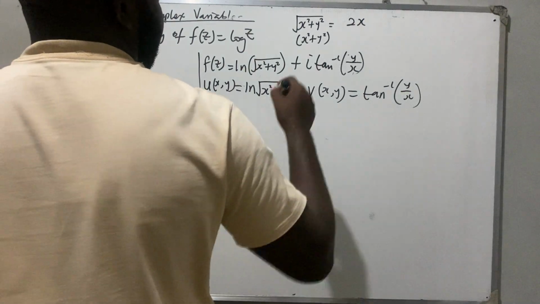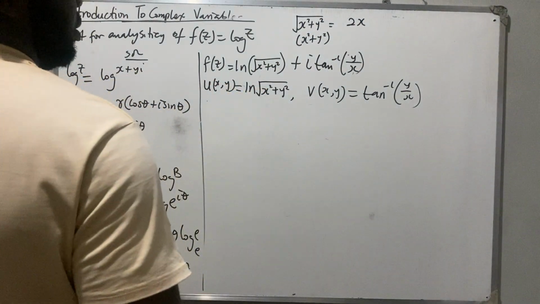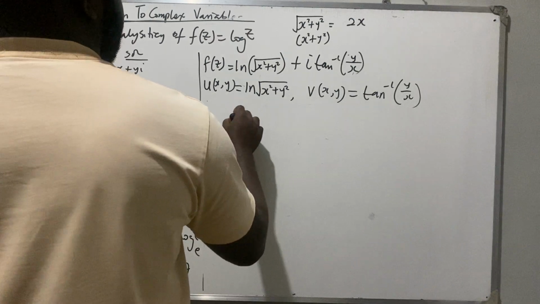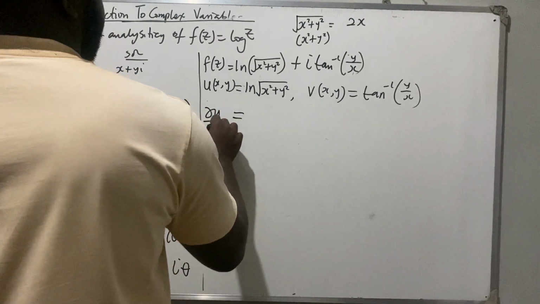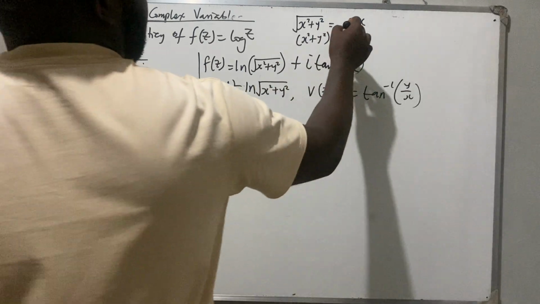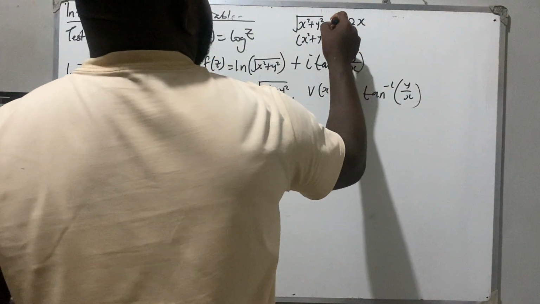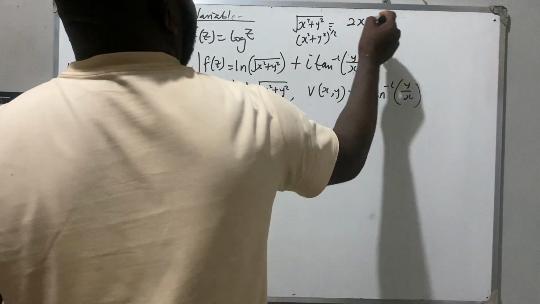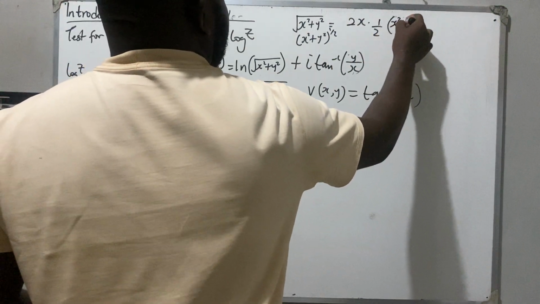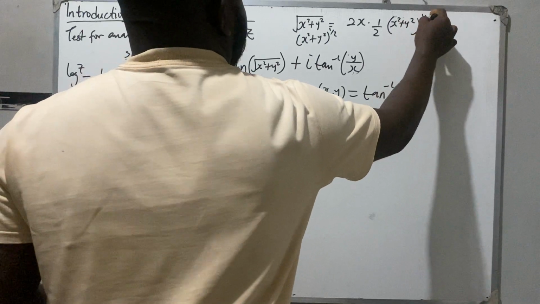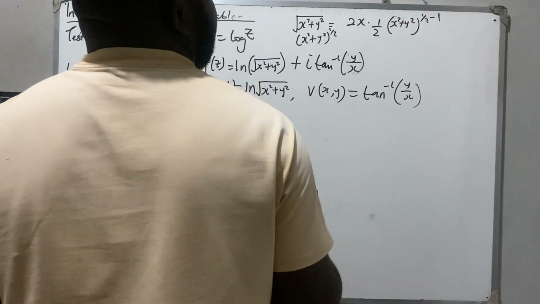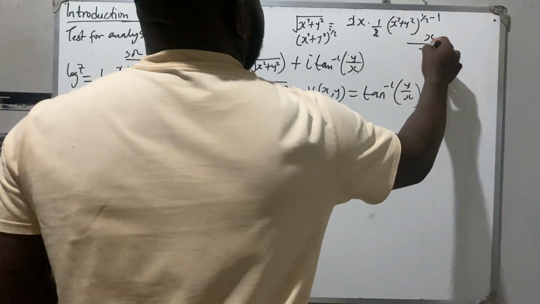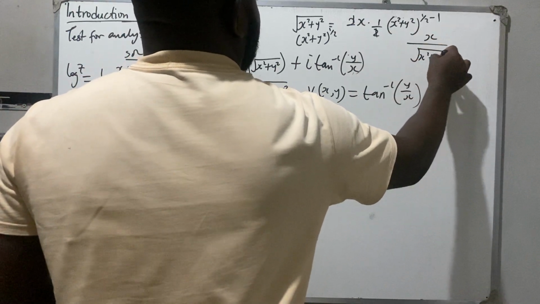So partial u partial x will now be, multiply by that 1 over 2, remove 1 from the 1 over 2, so I'm going to have x squared plus y squared raised to the power half minus 1. Which will finally give you x over the root of x squared plus y squared.